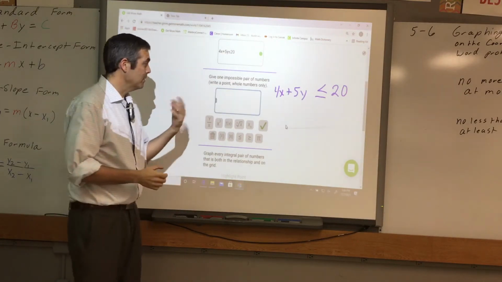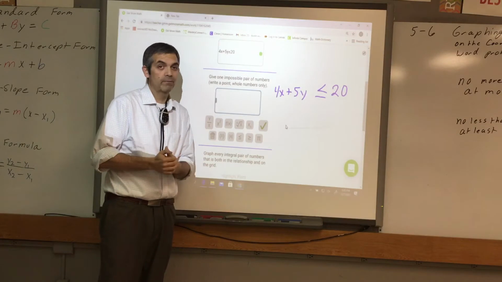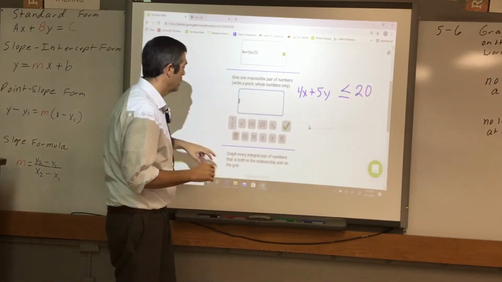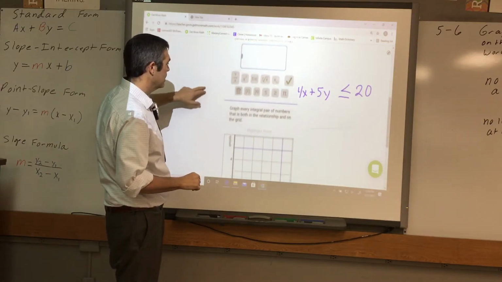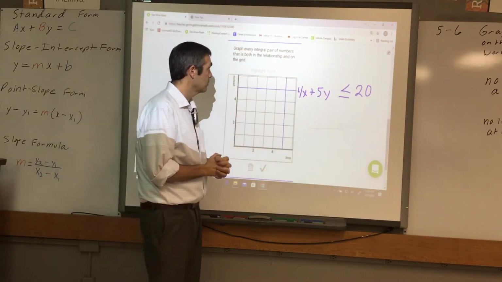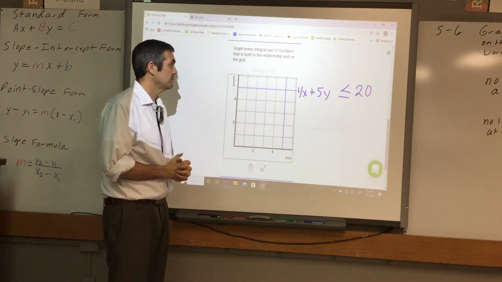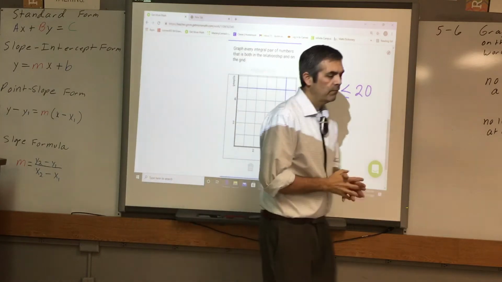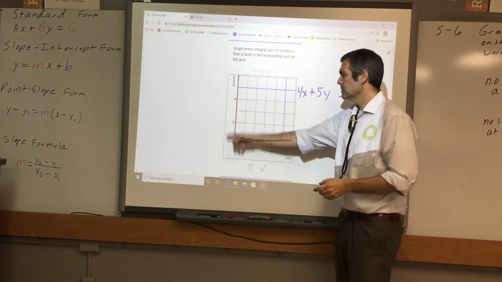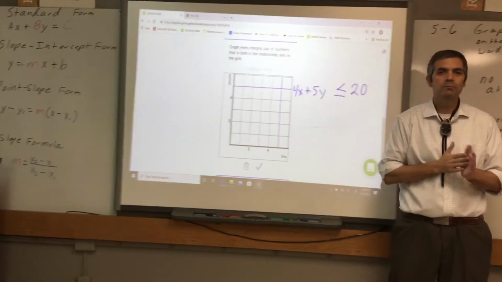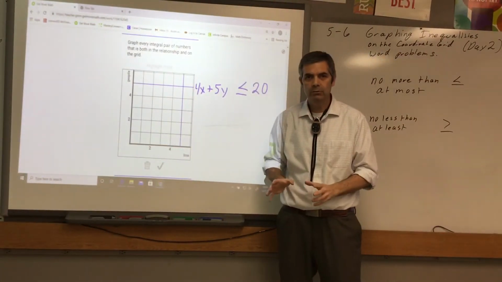Okay, so I'm going to do that, but first I want to graph this, because if I graph it, I get to really see what's going on and where they're at. So here, it says graph every integral pair of numbers that is both in the relationship and on the grid. Since this is in standard form, and we have our X and our Y, I'm going to use my X and Y intercepts.